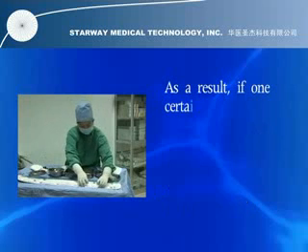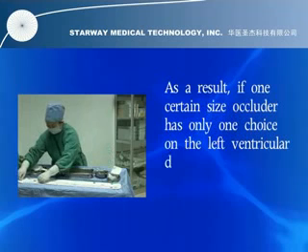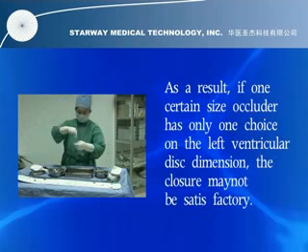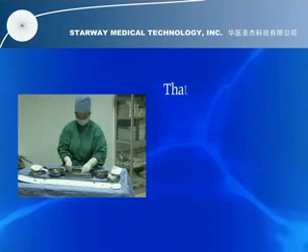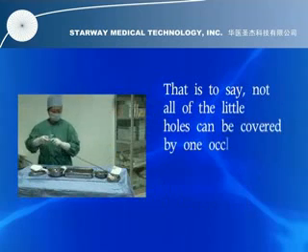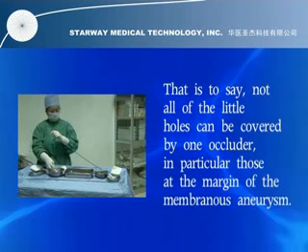As a result, if one certain size occluder has only one choice on the left ventricular disc dimension, the closure may not be satisfactory. This is to say, not all of the little holes can be covered by one occluder, in particular those at the margin of the membranous aneurysm.